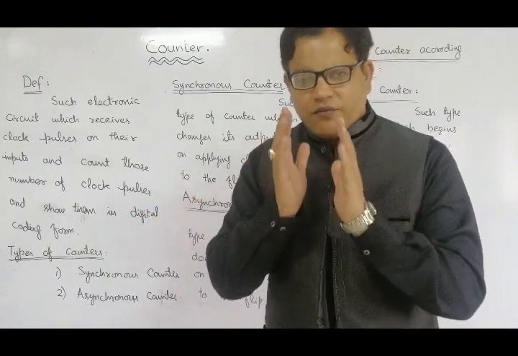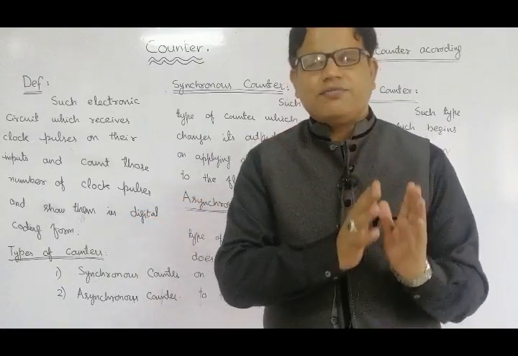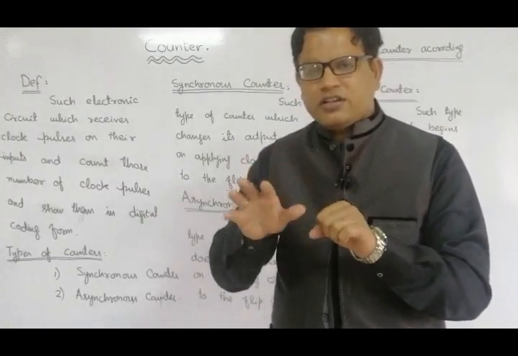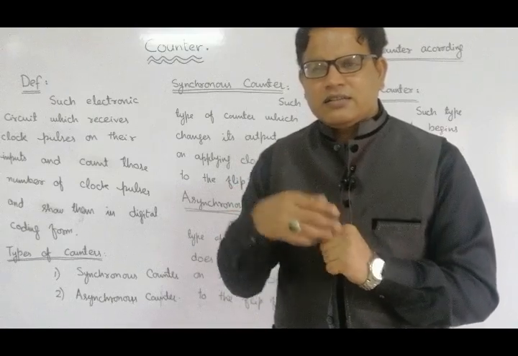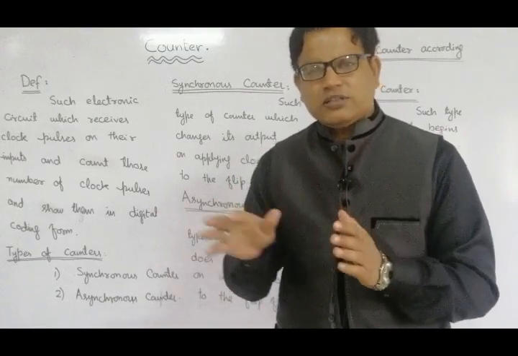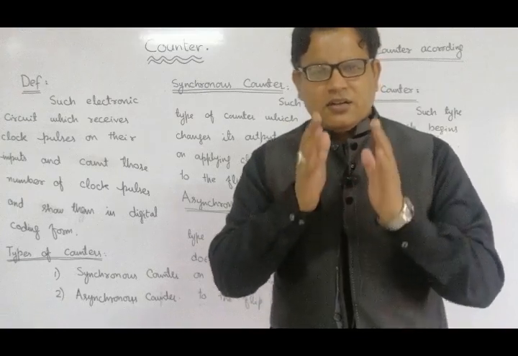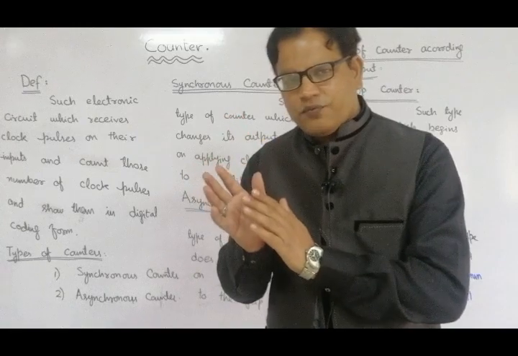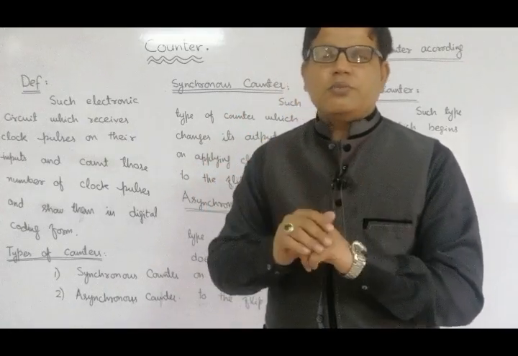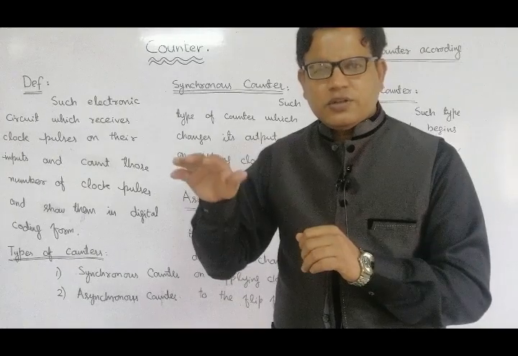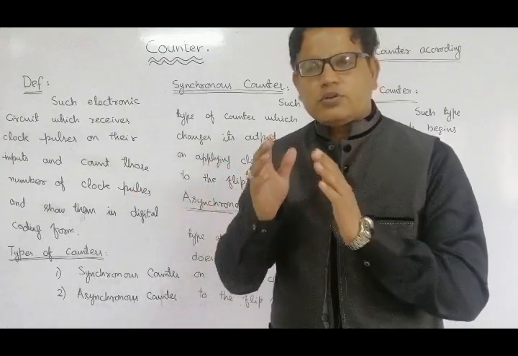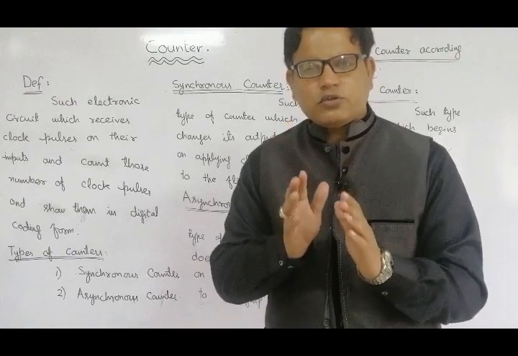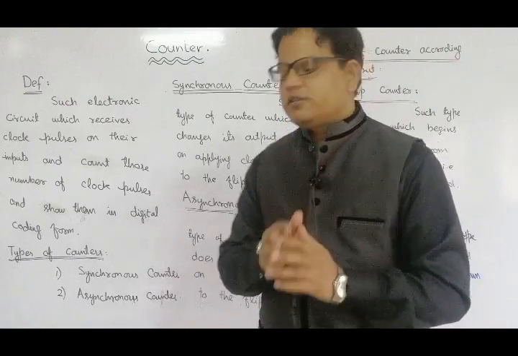It simply means that one flip-flop is cascaded with another flip-flop, and this cascading of output to input connectivity displays the output in a sequence. It will also be in the form of BCD codes, that is, binary coded decimal codes.